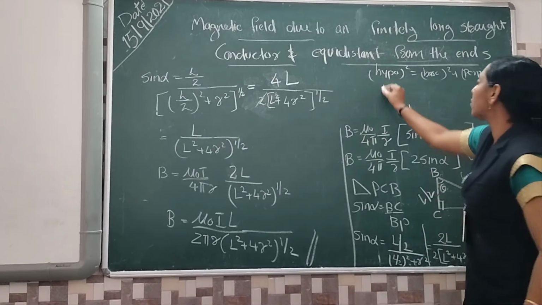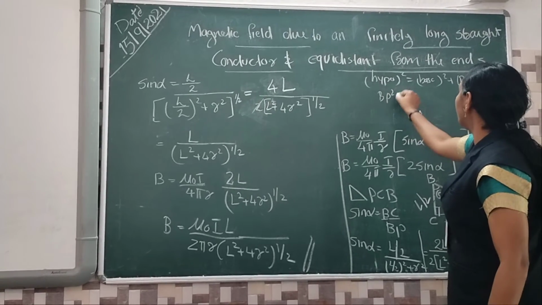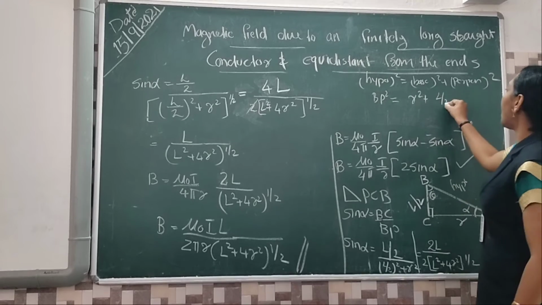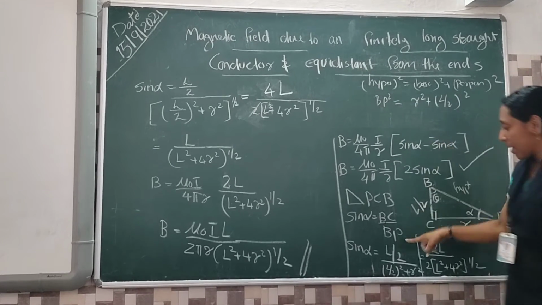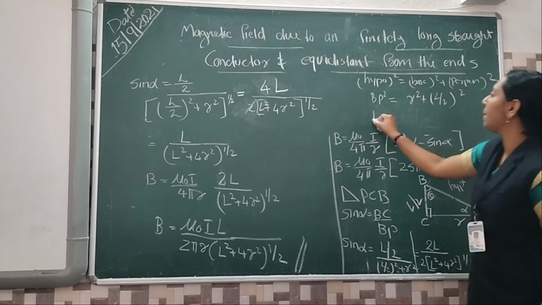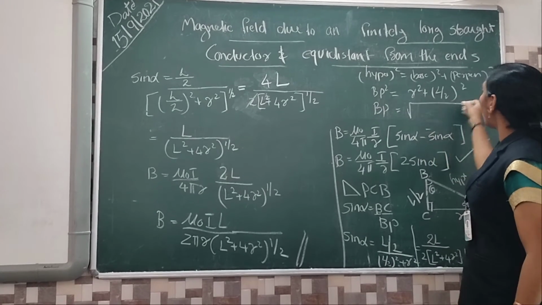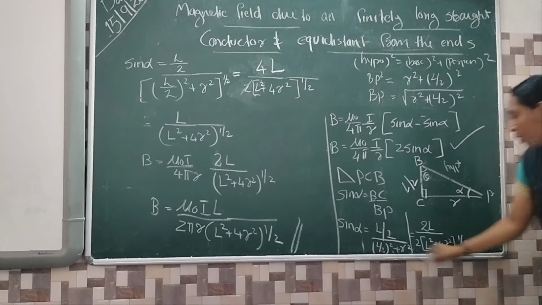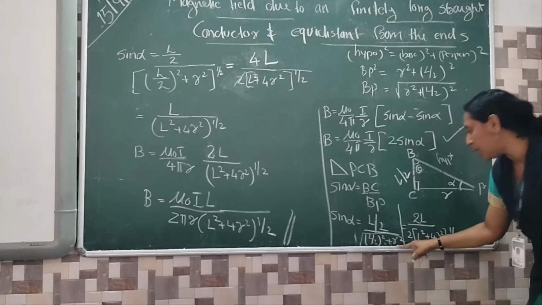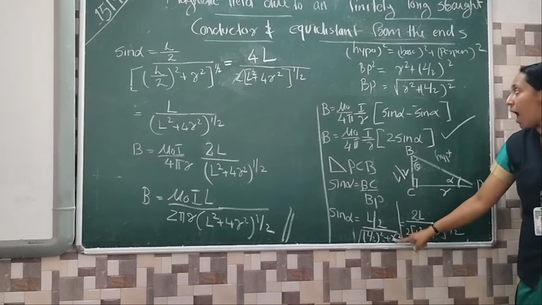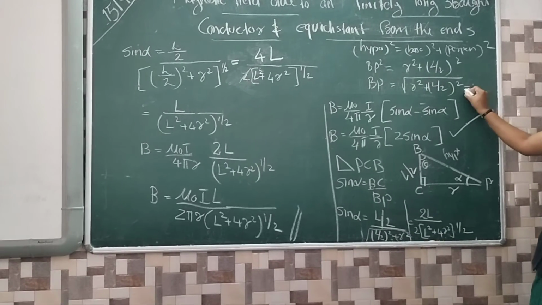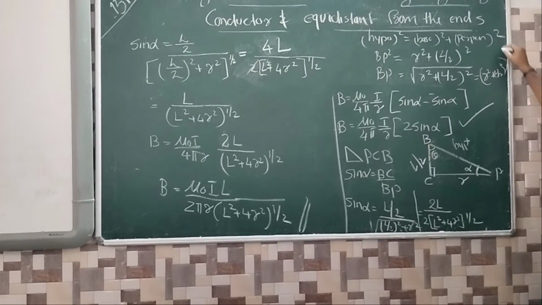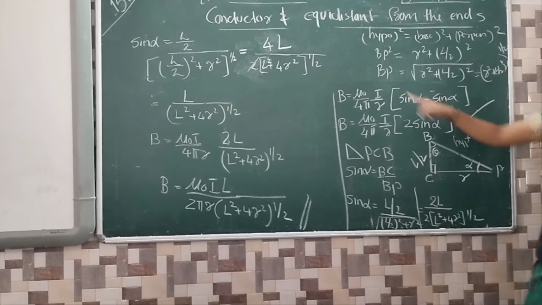So BP square equal to, what is base? R square. What is perpendicular? L by 2 square. This is BP square. मेरे को क्या चाहिए? BP चाहिए ना? So BP equal to square root of R square plus L by 2 all square. Clear everyone? Then how to change this square root? This square root change करके मैं लिख रहा हूँ, R square plus L by 2 all square, all raised to 1 by 2. That's the reason all raised to 1 by 2 here.